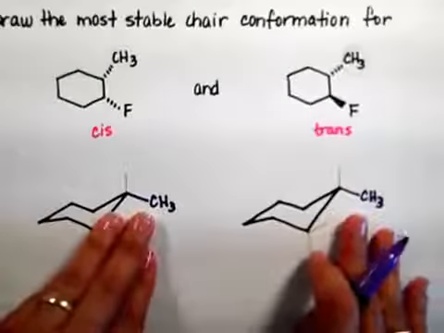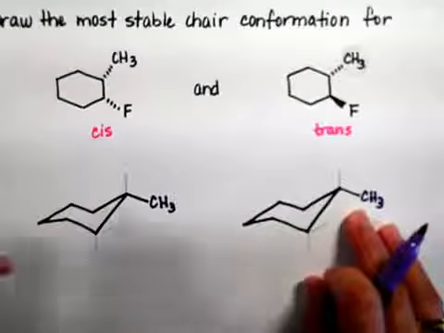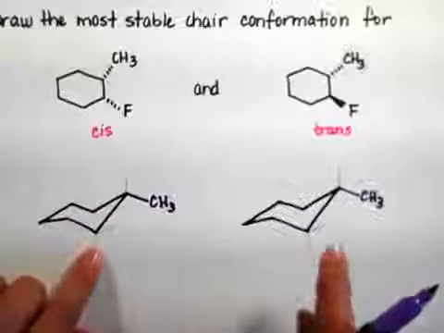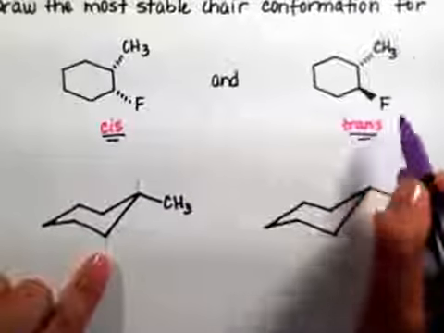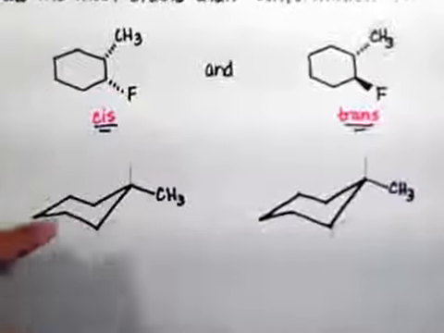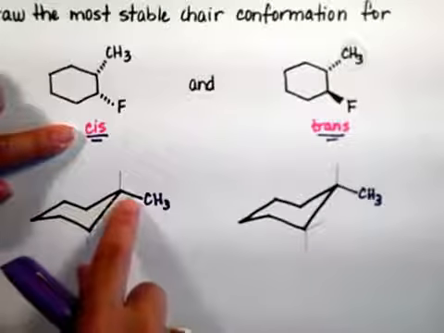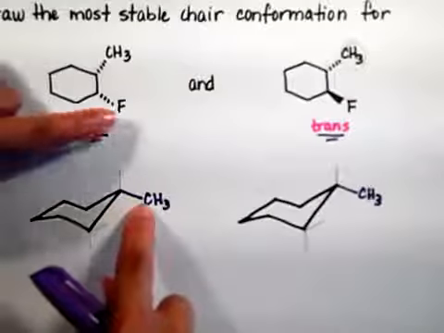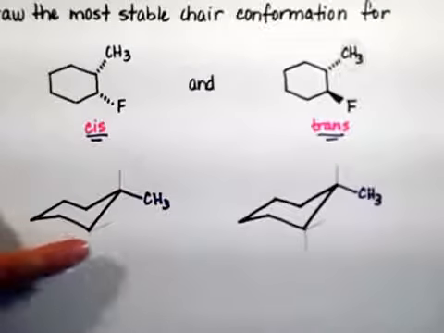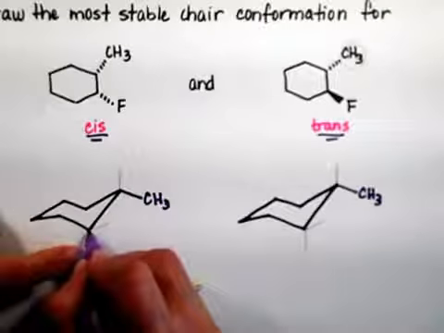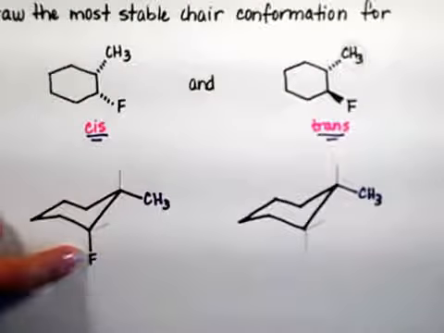All right, so I have my methyl on my equatorial position, and now I have to put the fluorine atom on carbon number 2, but I have to be very careful that I put them cis or trans depending on which isomer I'm talking about. Let's go to the cis right here. My methyl is pointing down. For that fluorine to be cis, it needs to also be pointing down, and the down position on this carbon is going to be axial.